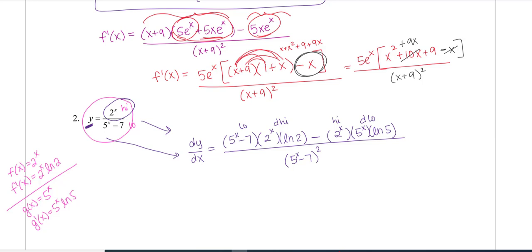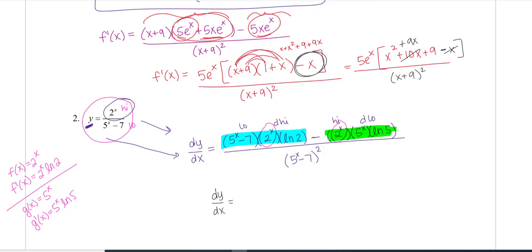I do see 2 to the x in each term if you wanted to maybe factor that out. Because again, you have two terms in your numerator when you do quotient rule. You have your low D high and minus your high D low. So if I see something that I can factor out, it might be both easier to type in and also easier to solve later on in the course. So I will do a quick rewrite here.